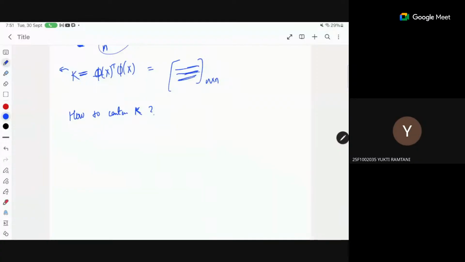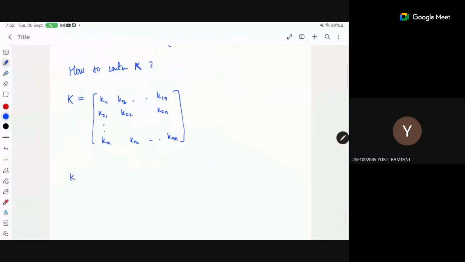Another way to do it is this. Let's say my K is k11, k12, so on till k1n, k21, k22, so on till k2n, and kn1, kn2, so on till knn. If this is my kernel matrix, then to find Kij centered, any element Kij I take, what should be the entry in that place?